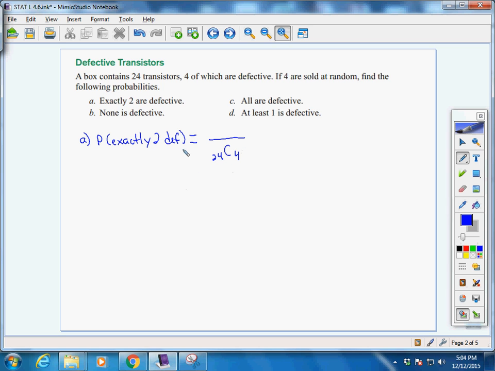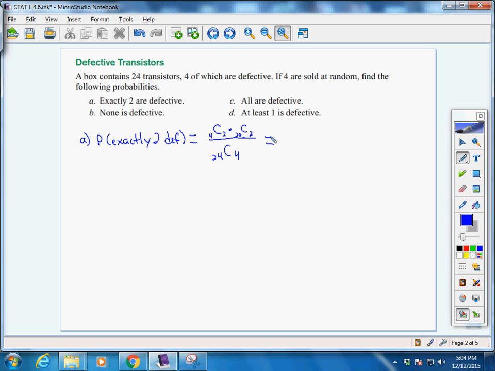Now we want exactly 2 that are defective. We know 4 are defective, and again, it's a combination, order doesn't matter, but we're taking 2 out of those 4 that are defective. Then for our other 2, there's 20 that aren't defective, and we're taking 2 of those as well. We're multiplying because of the fundamental counting rule, where you take your events and multiply them together.